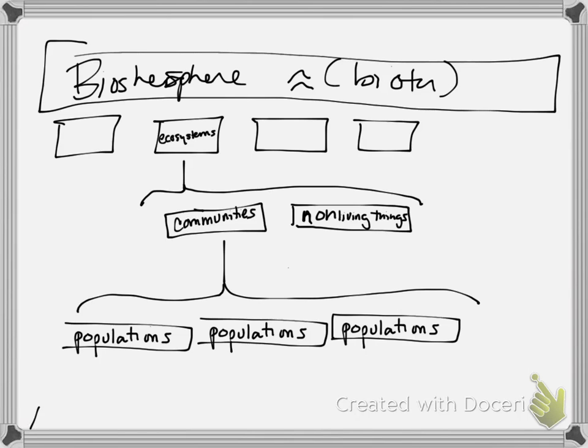Those populations are going to include every species that lives in that ecosystem. So you're going to have lots and lots of populations of bacteria, trees, animals, insects, mammals, birds, depending on the ecosystem. In an ocean ecosystem, will you have black bears?